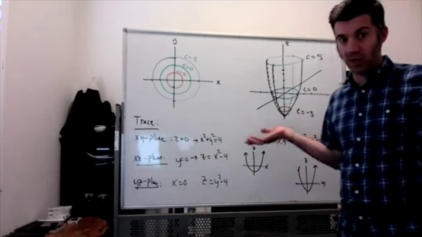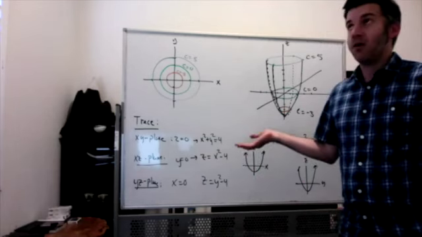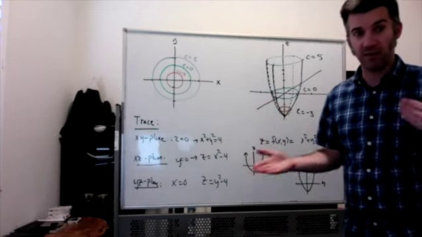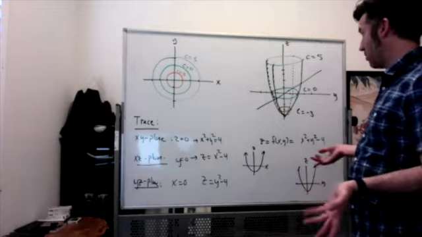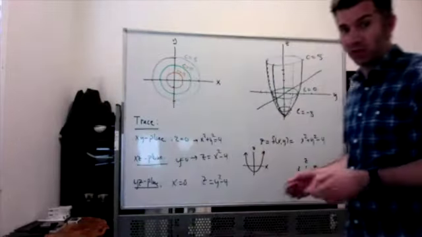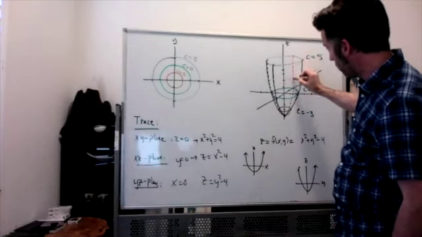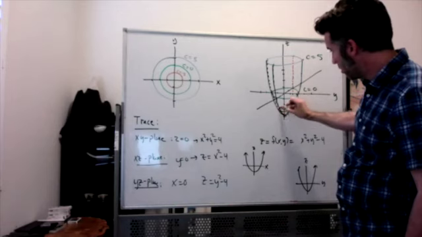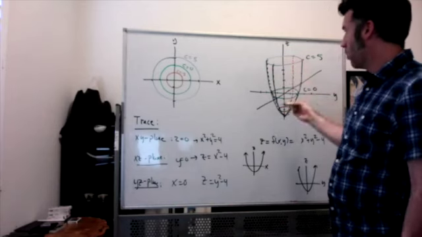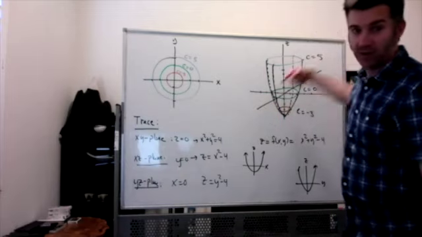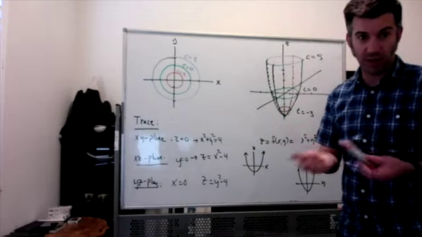Just like when you look at a graph of a function in 2 dimensions, the slope of the tangent line is the derivative. The same kind of thing is true here. If I wanted to find the derivative of this function in a certain direction, say the x direction, I could follow this curve and ask what the slope of the tangent line to this curve is in the x direction at a particular point.